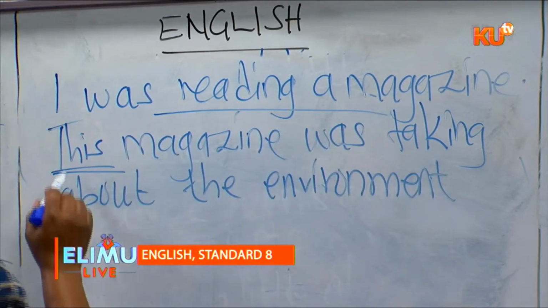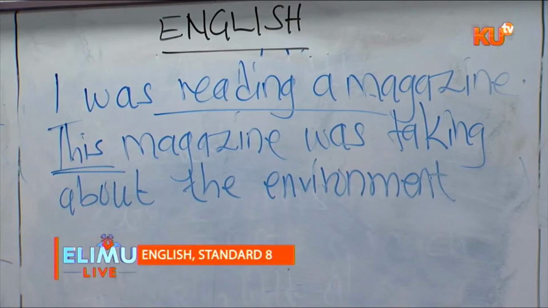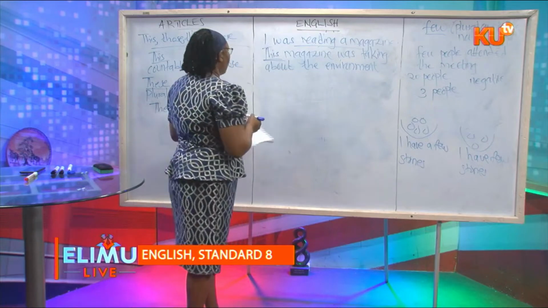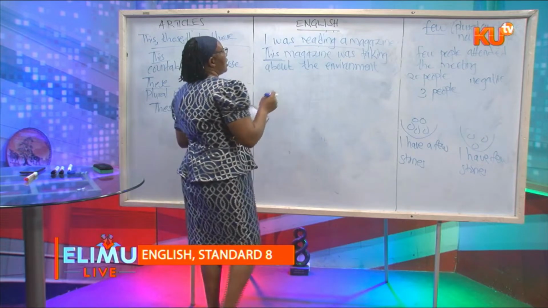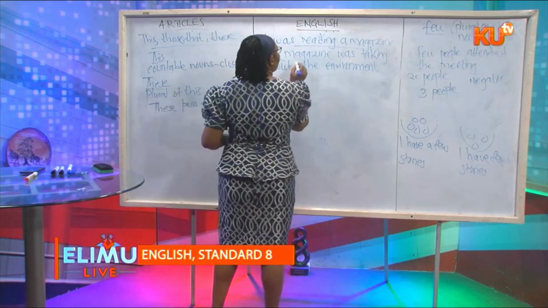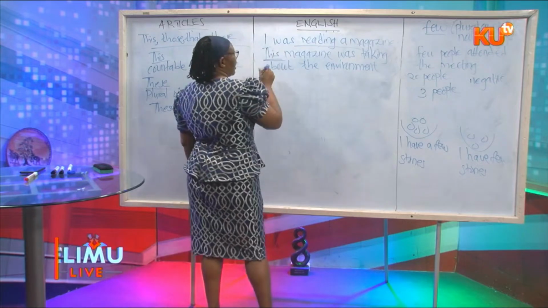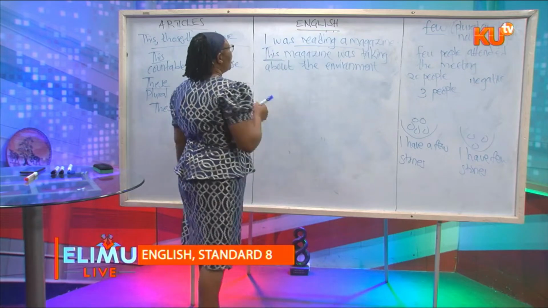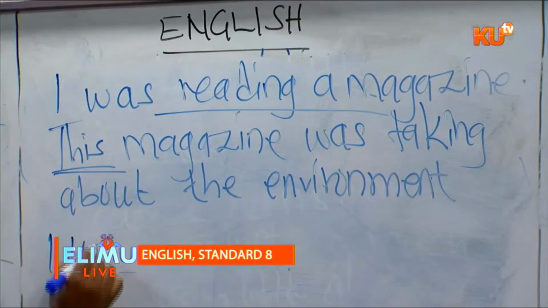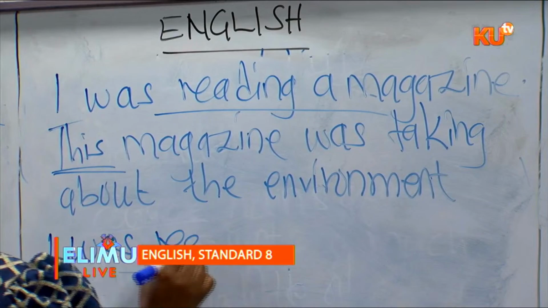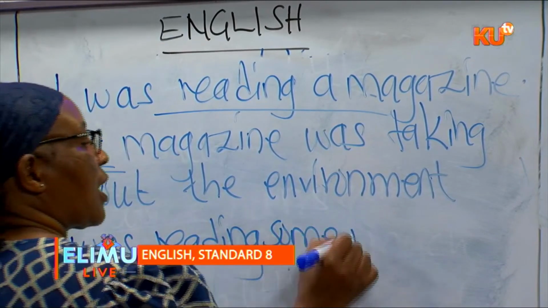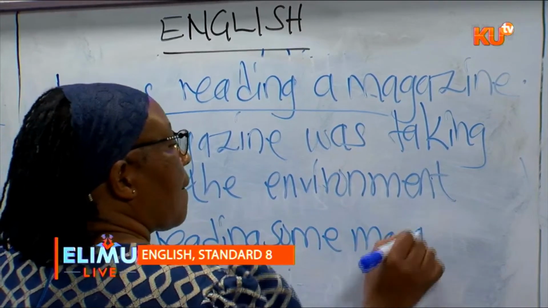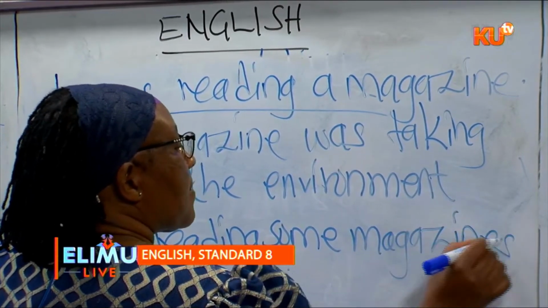So the word this is referring to an item that has already been mentioned earlier, and the same case applies to the word these. So I'm assuming that I'm changing this sentence to plural. So I'll say I was reading some magazines.